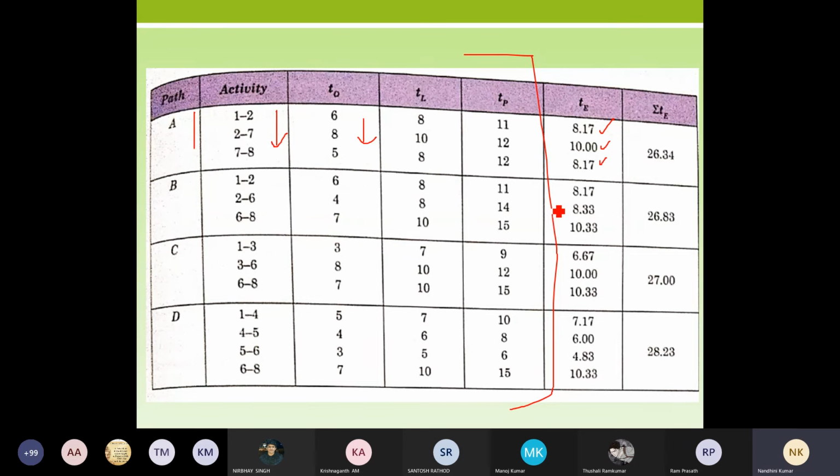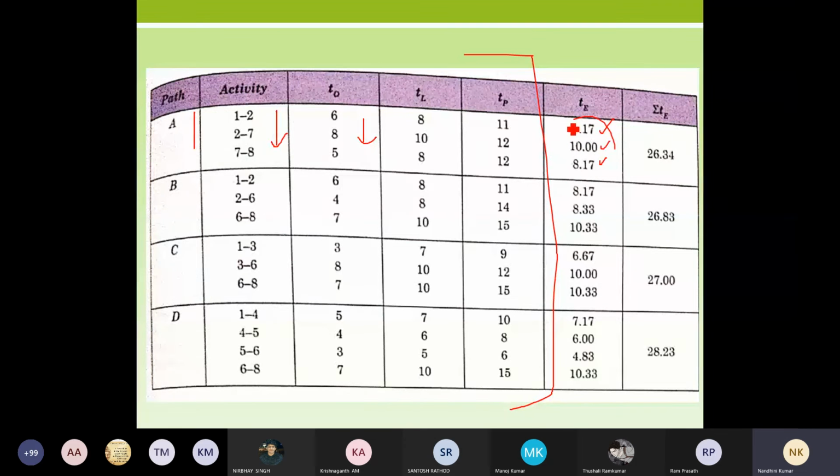After calculating my time estimates, what they have asked in the question is to calculate the time required for each path. I have listed that there are 4 possible paths, so I need to calculate the time required for all the paths. This is only the time for that particular activity, not for the path. So I am going to sum all of these.